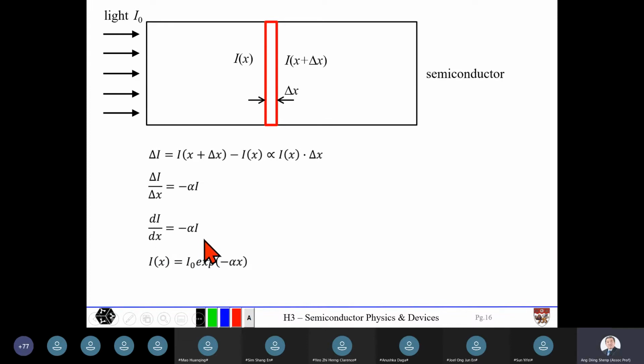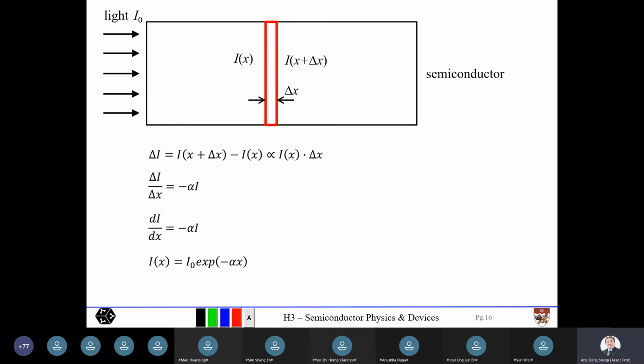After you solve it, you need to determine the constant of integration, which can be done using the boundary condition on the left side, where typically the intensity of the light is known beforehand. When x is equal to 0, the intensity of the light is I naught, and from there the constant of integration can be determined, and this is the final solution, which is Lambert's law.